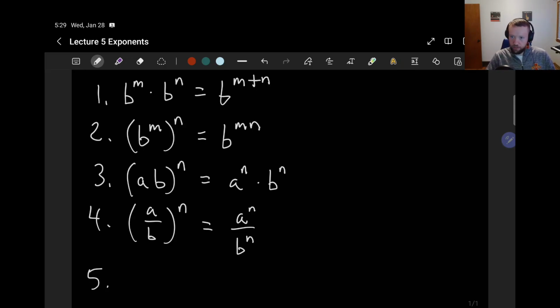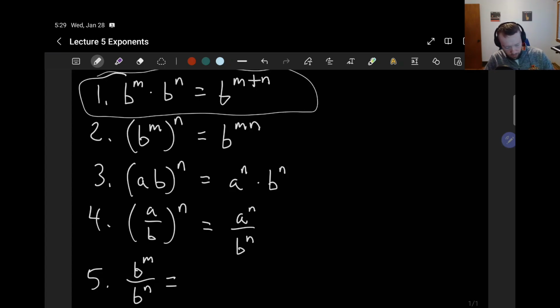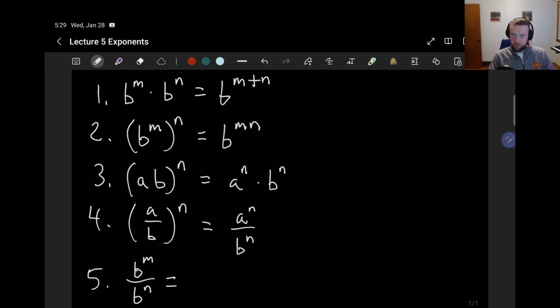And the last property I'm going to mention, number 5, is analogous to number 1, but I'm dividing b to the m by b to the n. And as in property 1, when I added the powers, you do the analog of subtraction here.